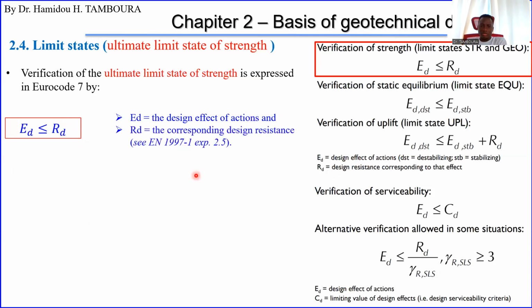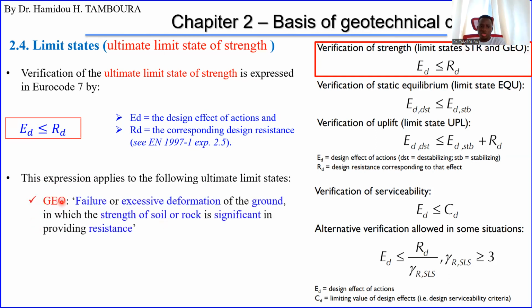Rd is the corresponding resistance, design resistance. Okay. And the reference is here. You can check by yourself in the book, the Eurocode. So what we need to know now is how can we get this one, and how can we get this one? The left side and the right side. Anyway, this expression applies for these two limit states, the structure one and the geotechnical one.